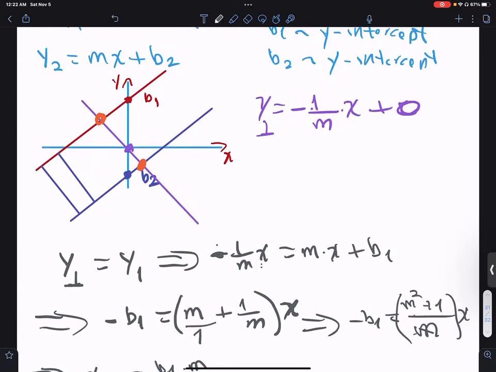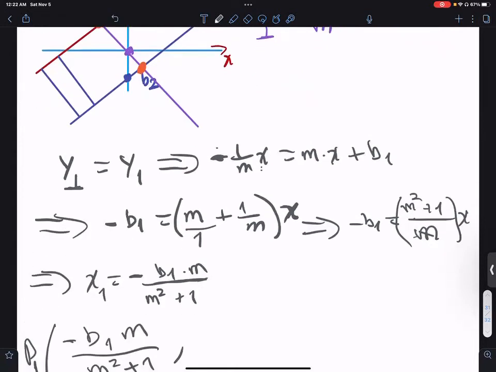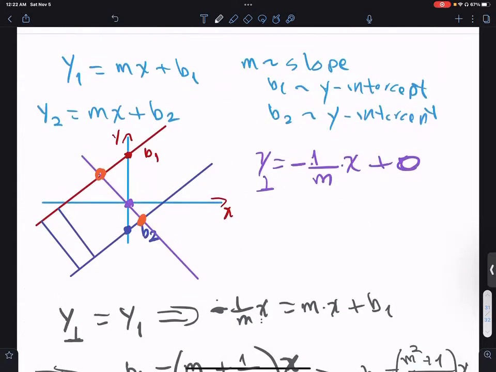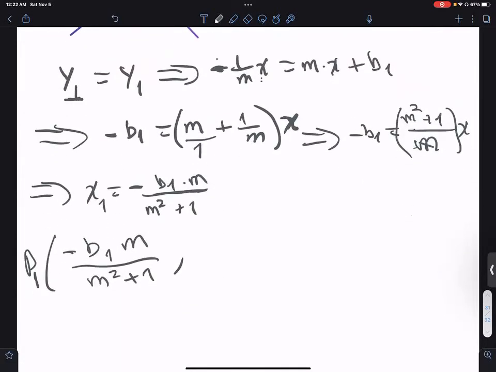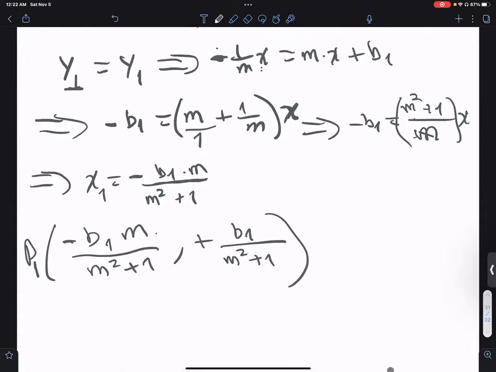If x is this, I'm going to multiply the x by negative 1 over m. Multiplied by a negative, we get a positive, and divided by m, this m is going to disappear. The y is going to be b1 over m squared plus 1. Now we have the first point.